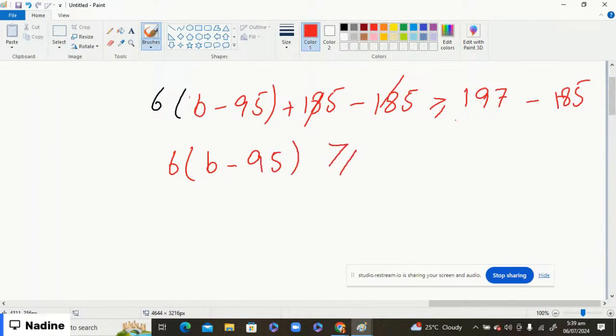So 197 minus 185, what's the answer? Subtracting 185 from 197, you get 12.